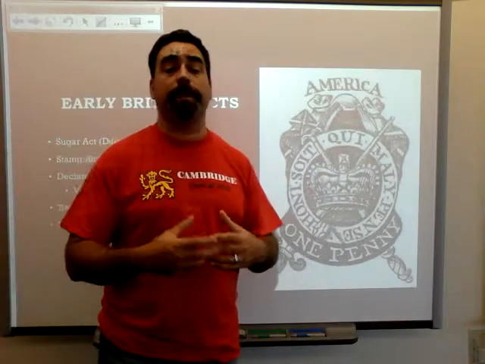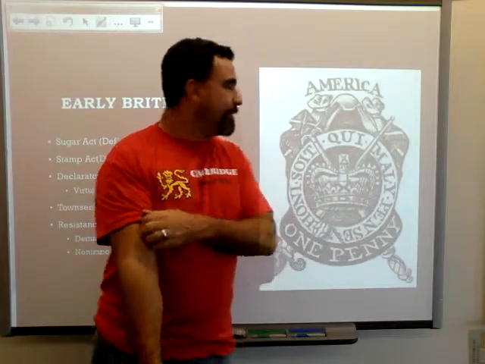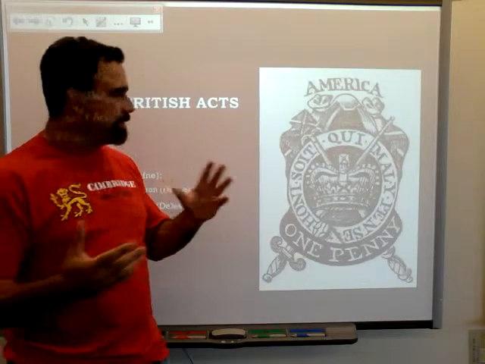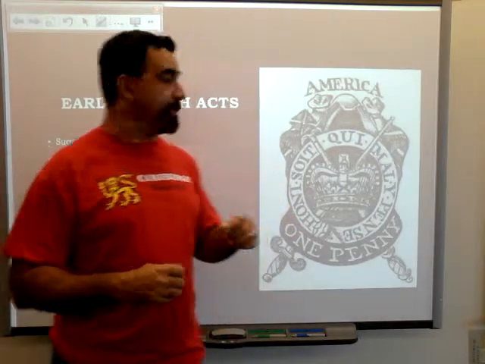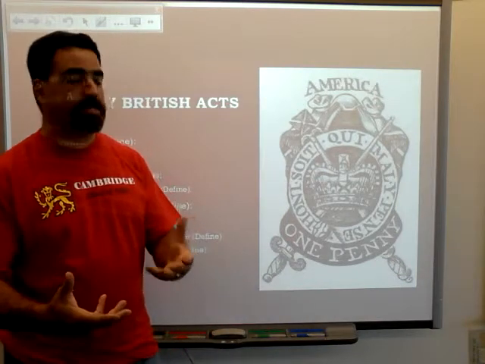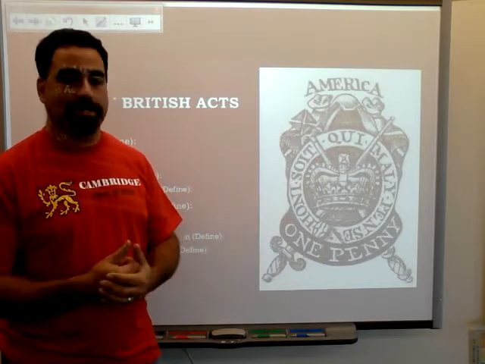These stamps ended up on more paper products than just legal documents: playing cards, dice packages, things along those lines. Whenever you purchased this paper, you were paying this tax, which raises the cost of contract arrangements and things along those lines.